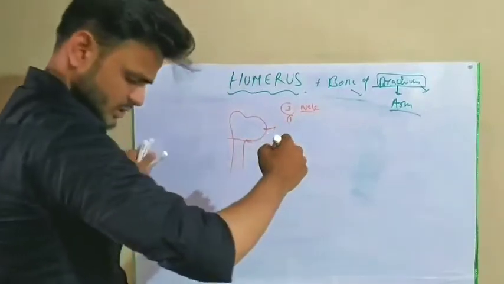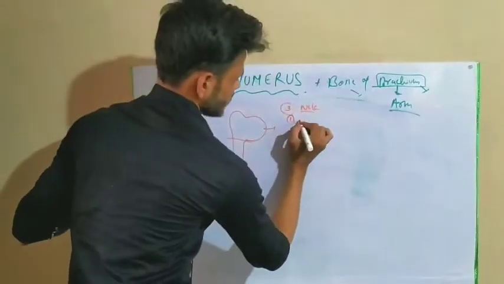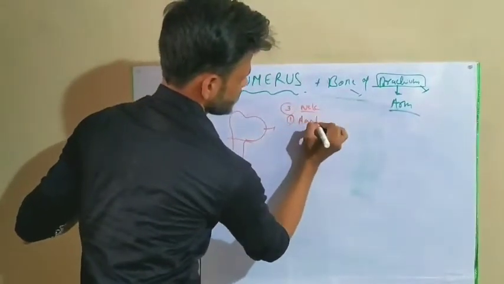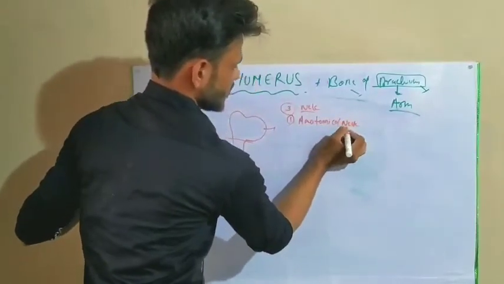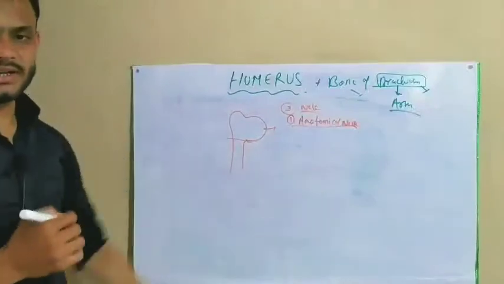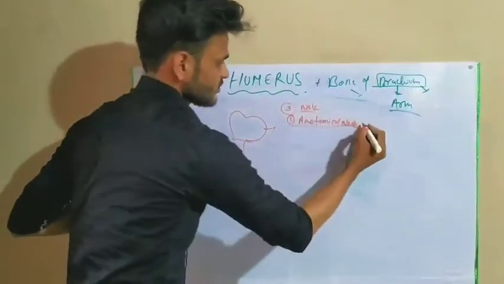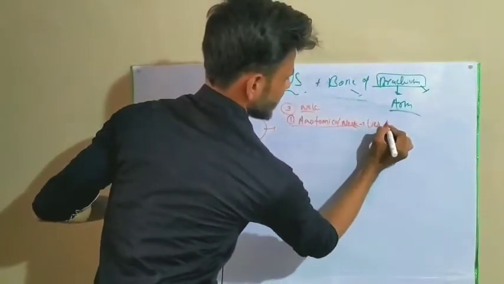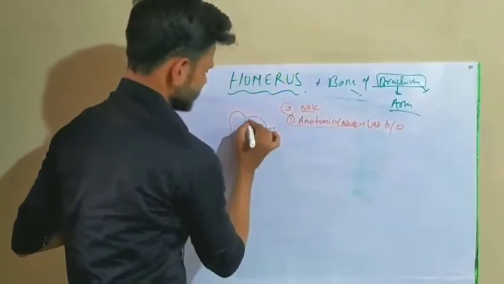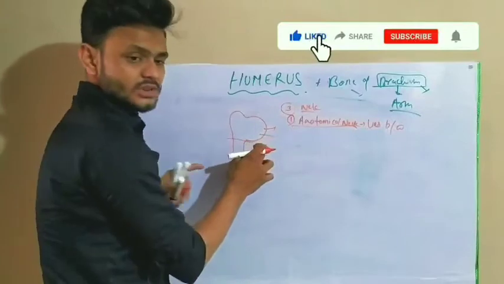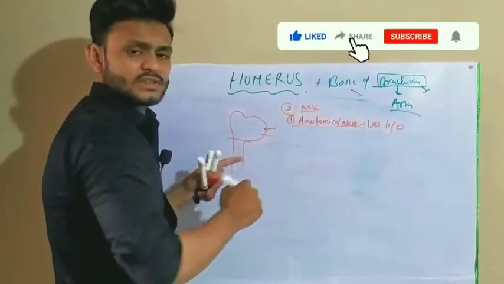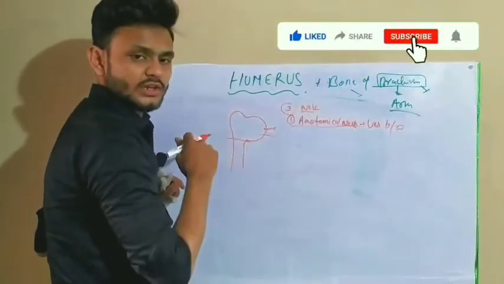Number one is the anatomical neck. It lies between the head, this is our head of the humerus, which articulates with the glenoid cavity of the scapula and forms the glenohumeral joint.